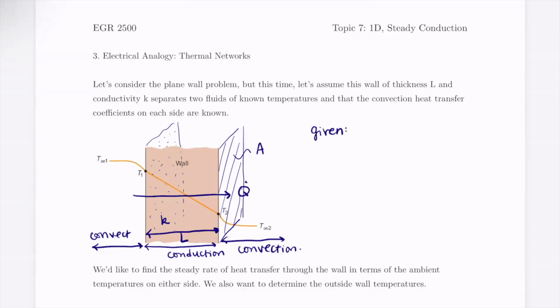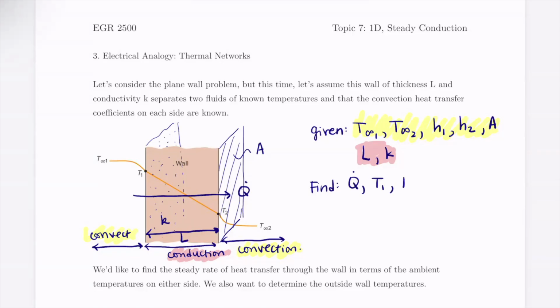We are given T infinity 1, T infinity 2, H1, H2, L, K, and A. All of this stuff here is convection related, and all of this is conduction related. And we want to find Q dot, T1, and T2.